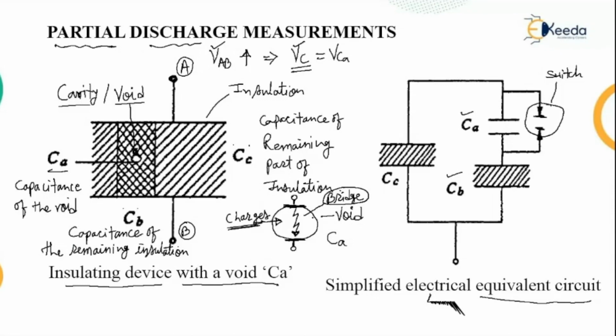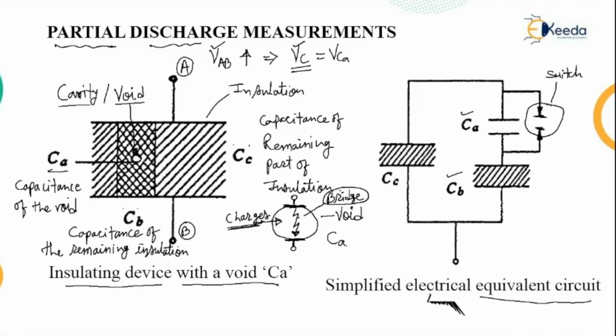This bridges the gap between the 2 points or between the surfaces of the void. So that is called a partial discharge. Internal discharges are the discharges in cavities or voids which lie inside the volume of the dielectric. So this is also called internal discharge. So hope you understood the concept with this.